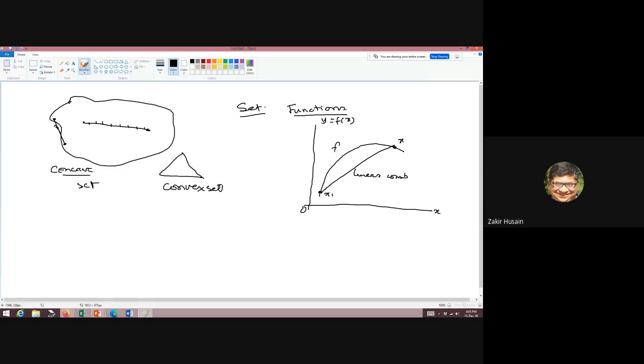Let's call these x1 and x2. All points over here are linear combinations of x1 and x2. Suppose this is x bar, and over here we have x1.